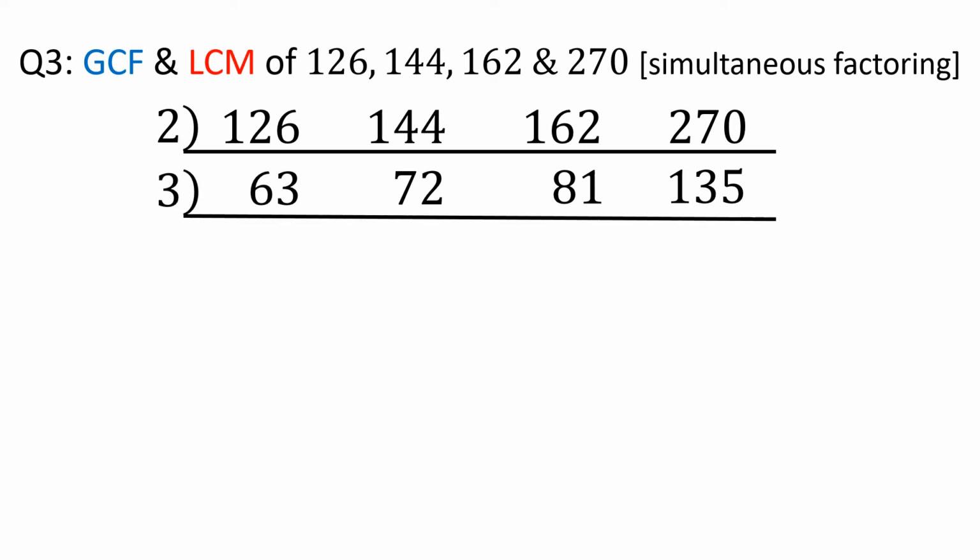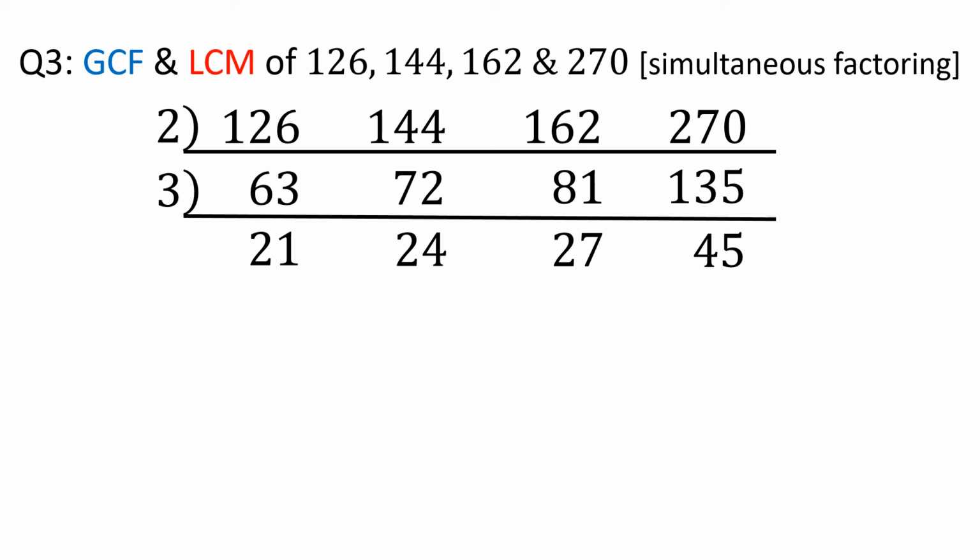63 divided by 3 is 21. 72 divided by 3 is 24. 81 divided by 3 is 27. And 135 divided by 3 is 45. We now have 21, 24, 27, and 45.